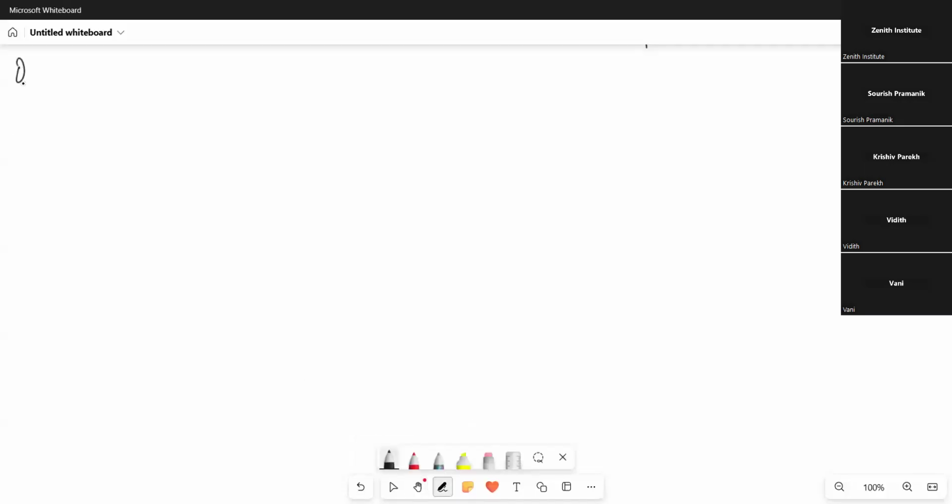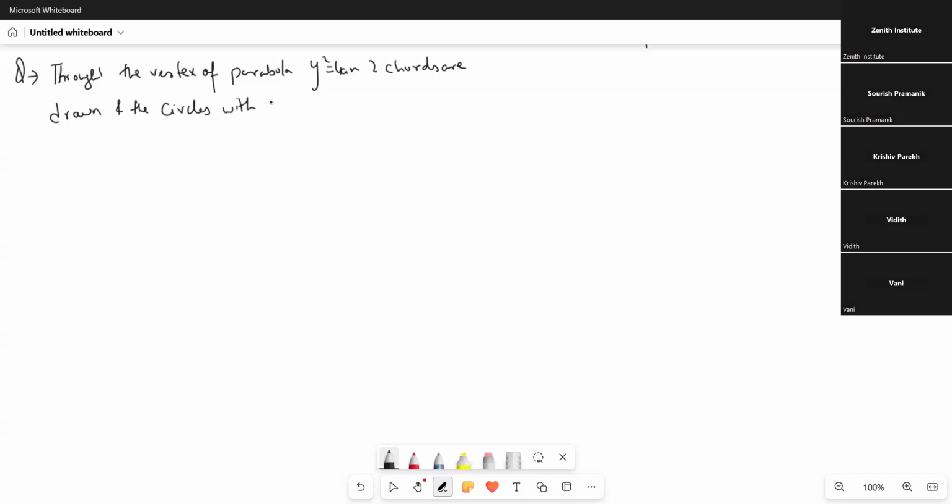Okay, next question. To the vertex of the parabola y square equal to 4ax, two chords are drawn, and the circles with the two chords as diameter intersect at a point.